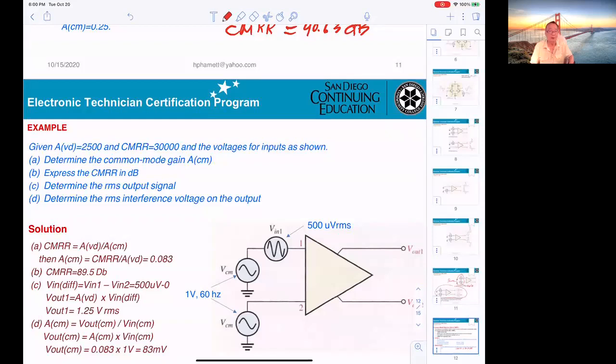The purpose I want to bring this up for you is that a differential amplifier tries to measure a signal that is too small with the input having too much noise. The amplifier tries to reject the common mode. That means no way the 1 volt 60 hertz can come out.